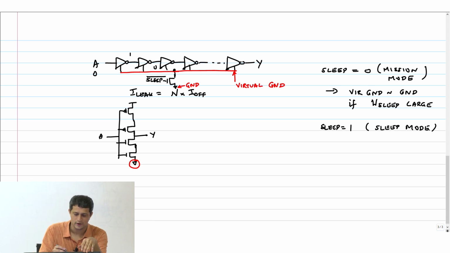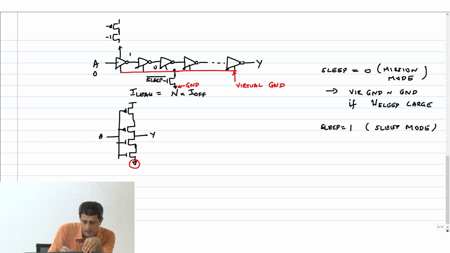You're following me? So if I take this particular inverter, this is just our regular inverter, PMOS, NMOS, and then it's coming to the virtual ground. A, Y, this is my virtual ground.